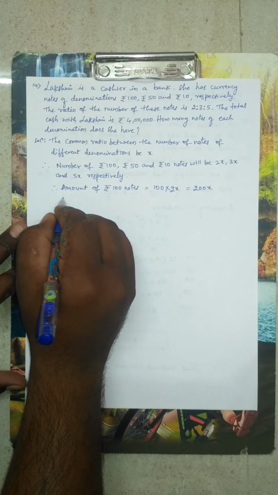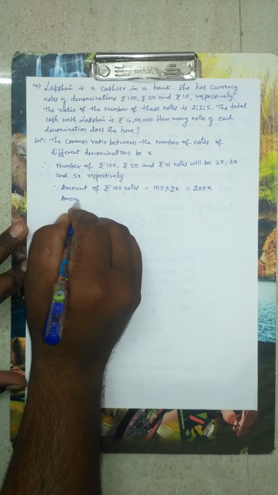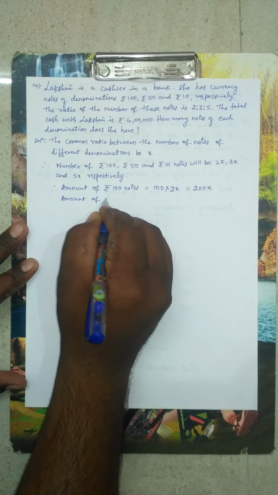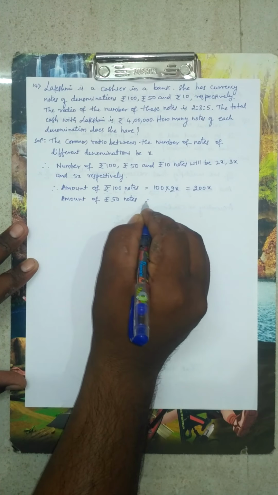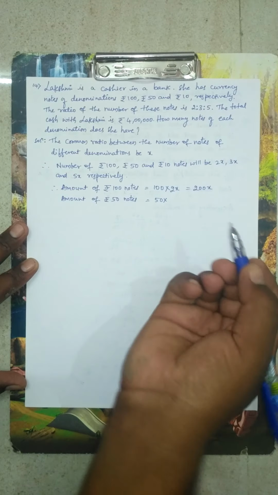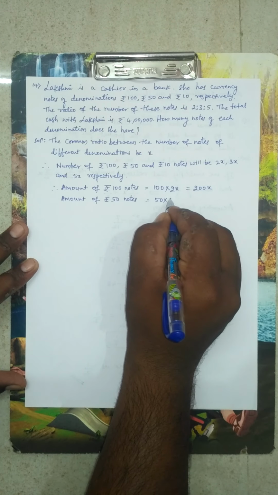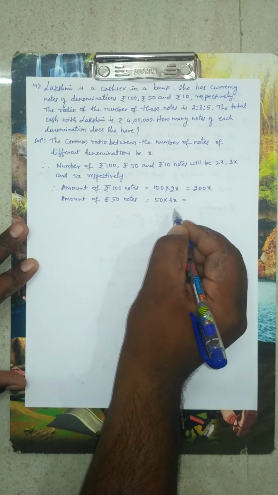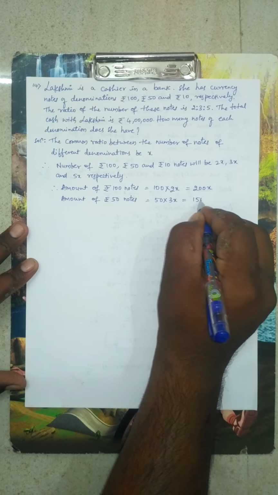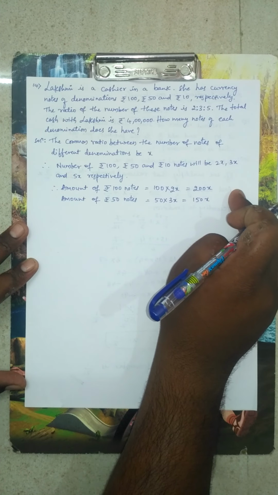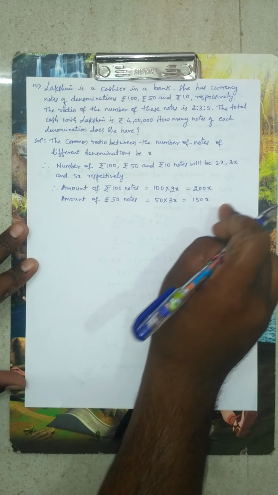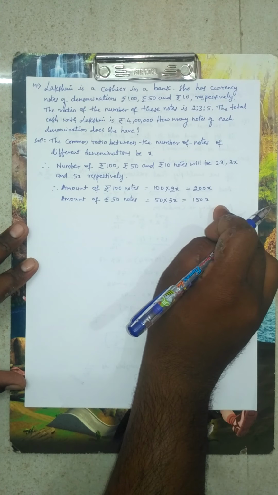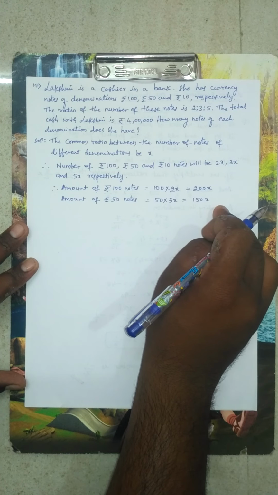Next, the amount of rupees 50 notes. Denomination is 50, and there are 3x notes, so if you multiply, it will become 150x. So 200x is the amount of only 100 rupees notes and 150x is the amount of only 50 rupees notes.